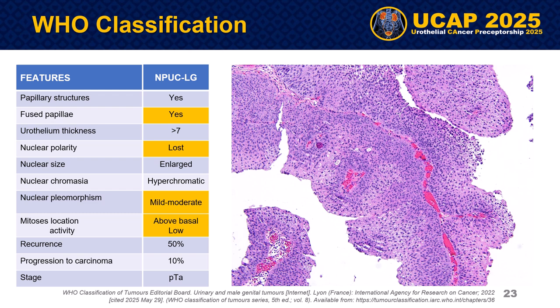The main molecular drivers are FGFR3, HRAS, and the MAPK pathway. Additionally, TERT promoter mutations are also common in as many as 70 to 80% of low-grade tumors, and appear to be more so in tumors with the FGFR3 mutation.